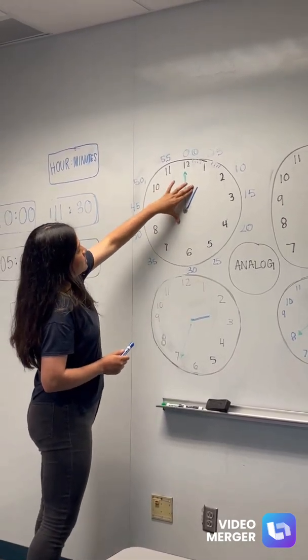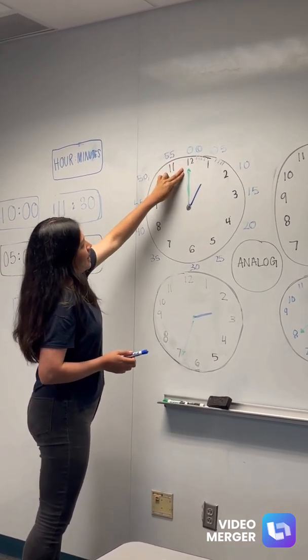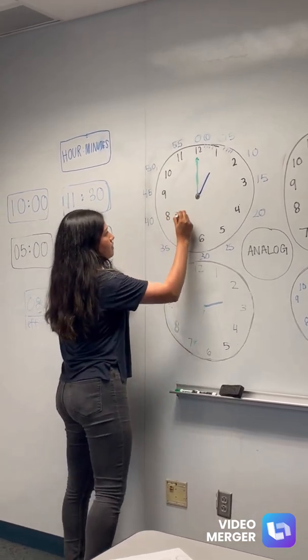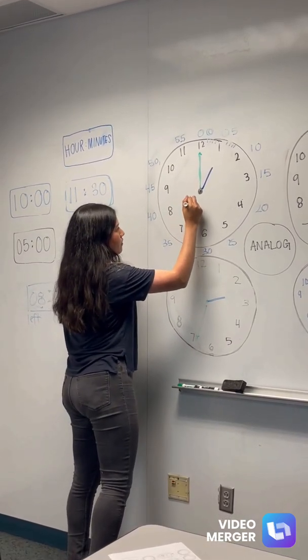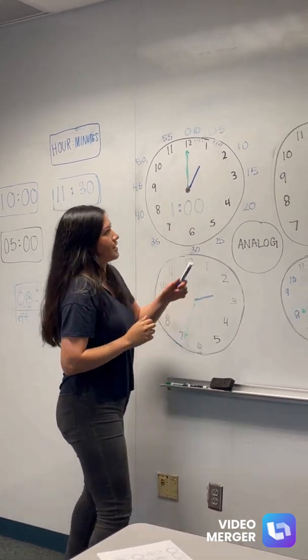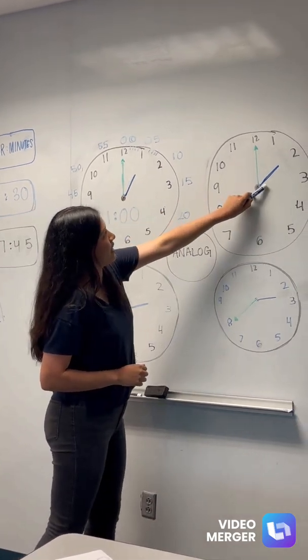So we said that this is 1 o'clock. How many minutes have passed by in this hour? Right, 0. So it is 1 o'clock. Moving on to the next one, we see that the hour hand has changed.